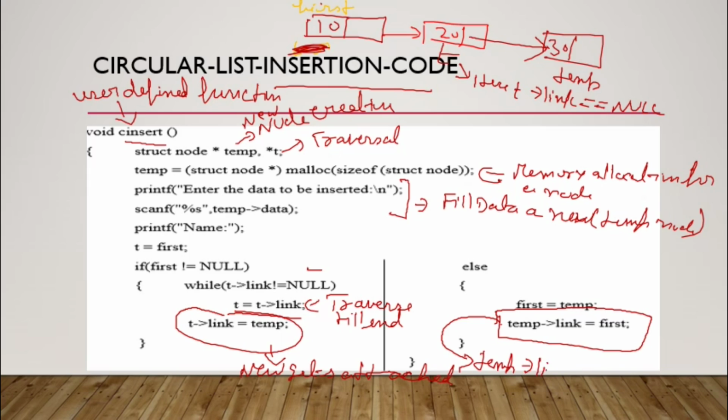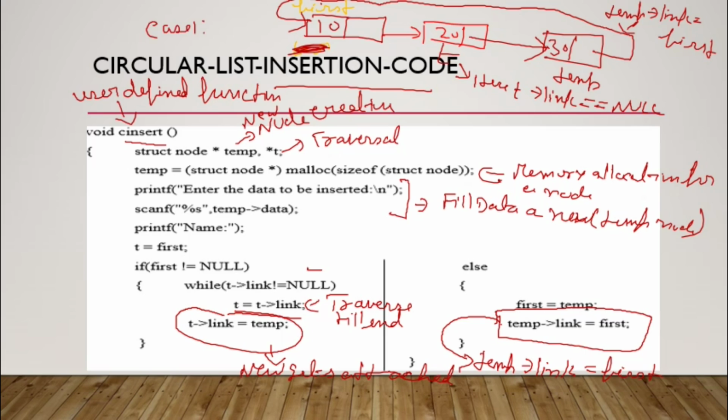You are connecting the temporary node to the first node, and that makes it circular. When you do this, this link will be created. So this is case one, the if case.